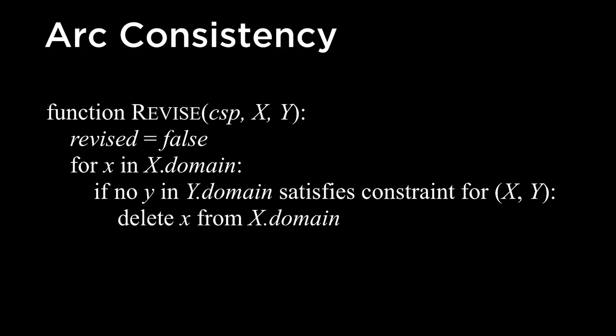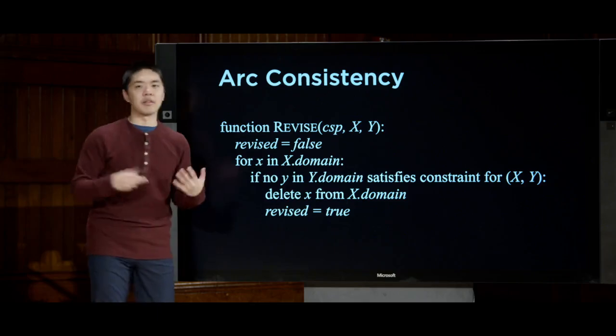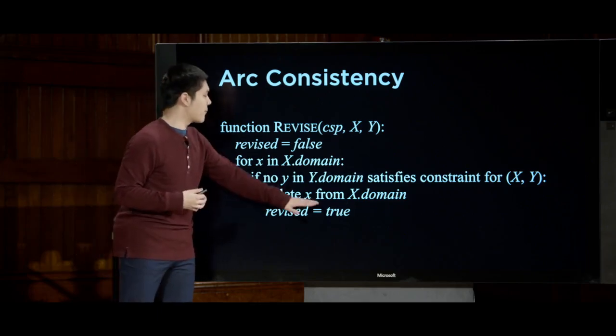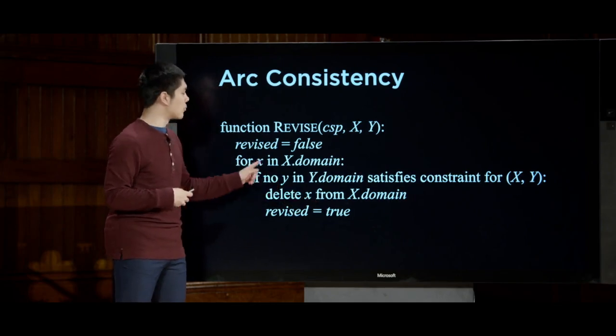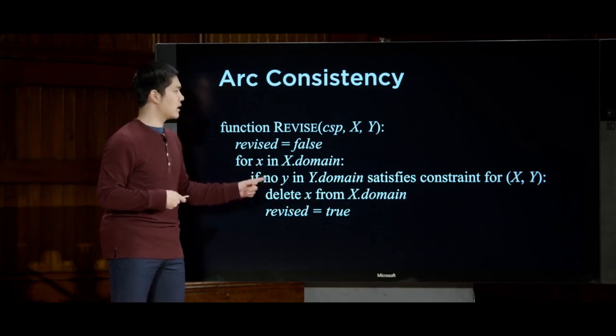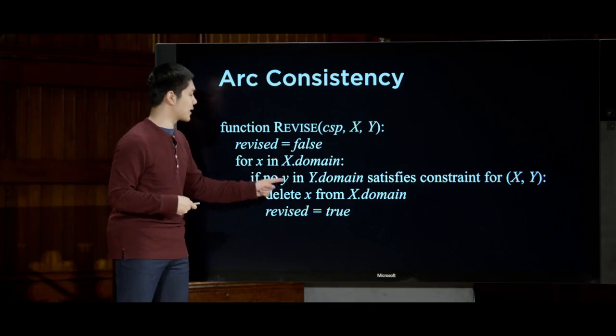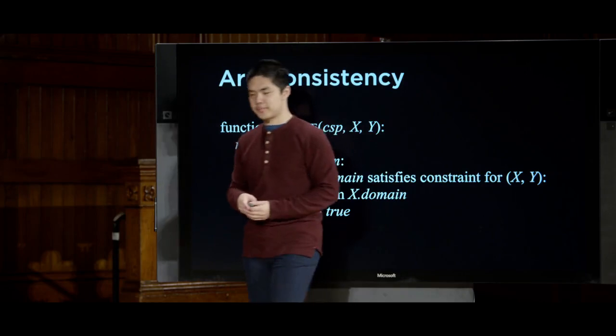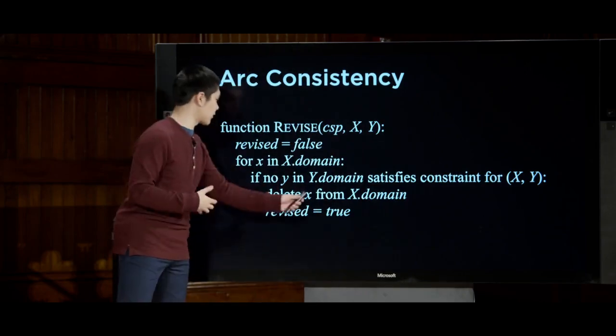So I'll go ahead and delete x from X's domain, and I'll set revised equal to true, because I did change X's domain. I changed it by removing little x, and I removed little x because it wasn't arc consistent. There was no way I could choose a value for Y that would satisfy this XY constraint. So in this case, we'll set revised equal to true.